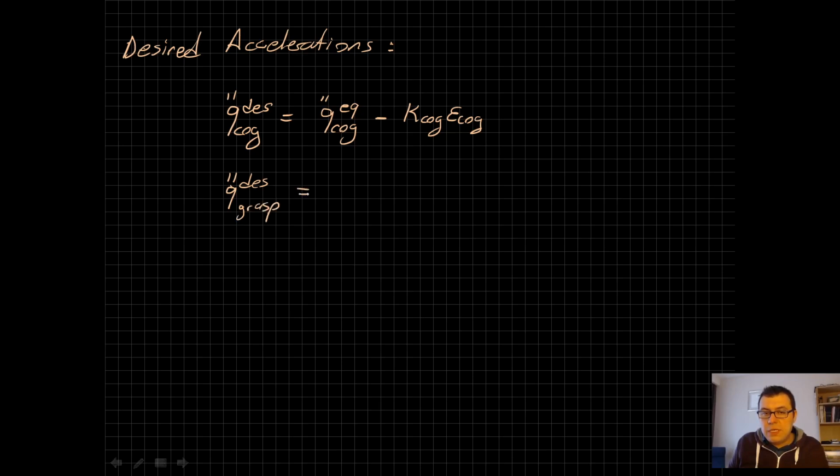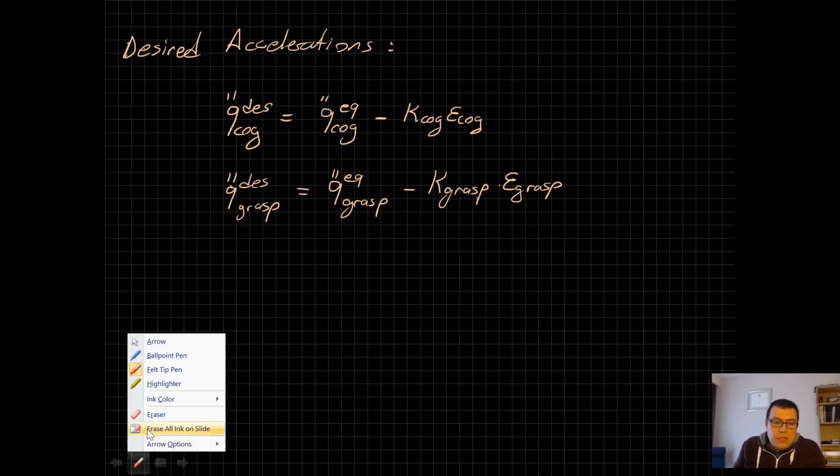So the force channel, this was the position channel and this is the force channel, becomes Q double dot equivalent grasp minus K grasp times E grasp. These are not all the terms, but I'll add two more here.